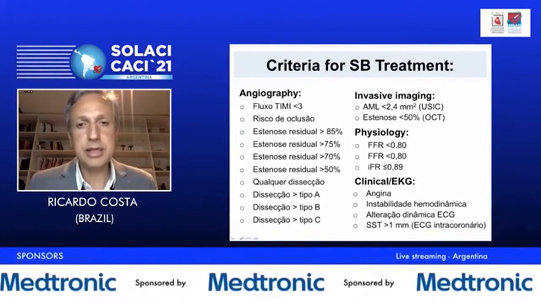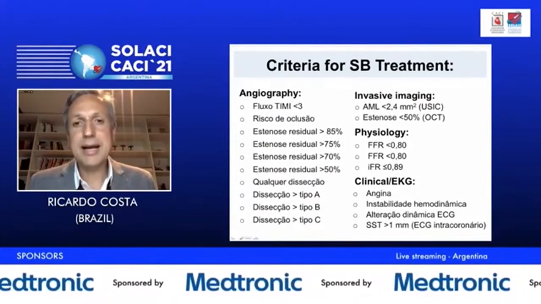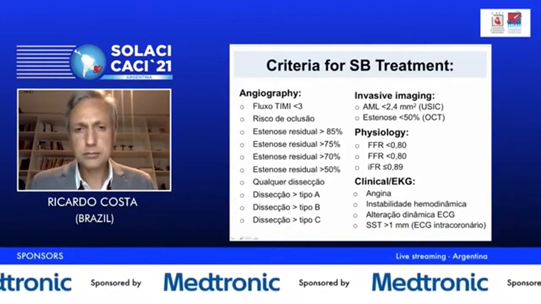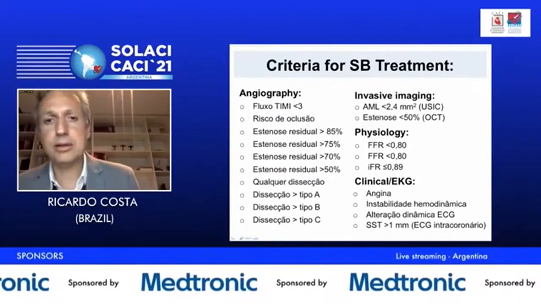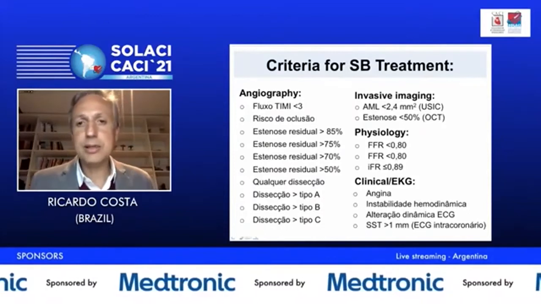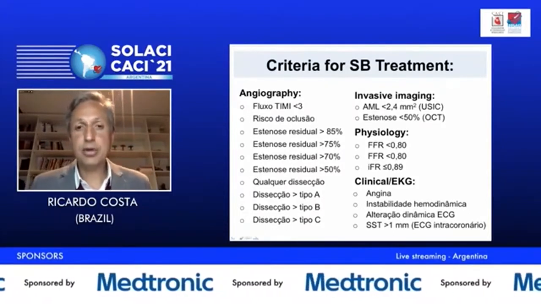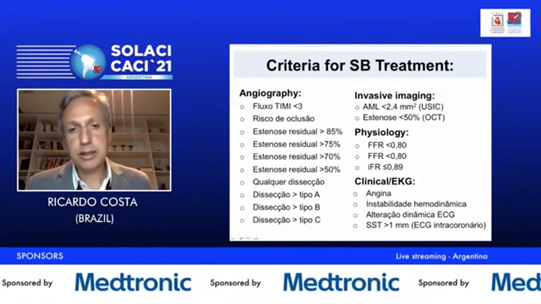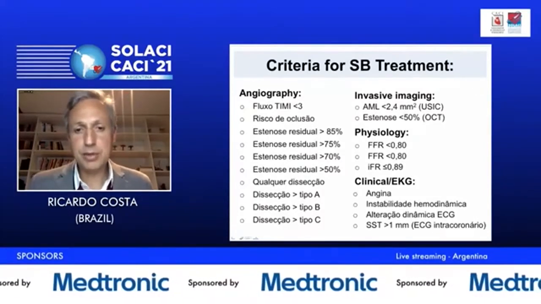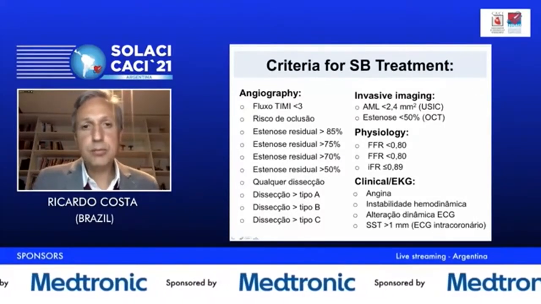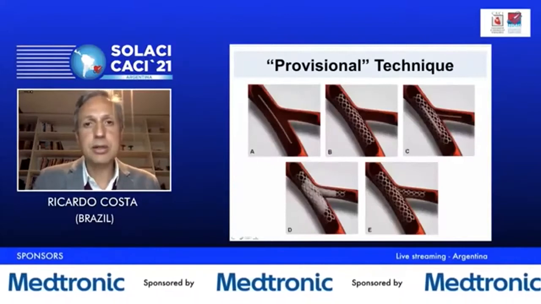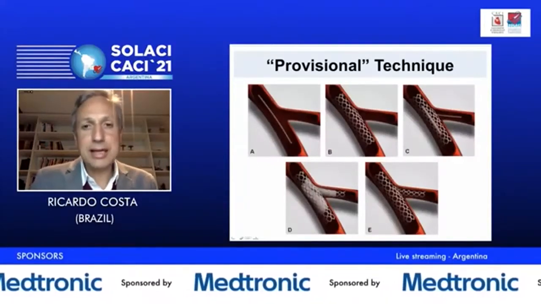Any dissection, type A, B, C, the use of invasive imaging such as ultrasound, or an area larger than 2.4 square millimeters. The physiology, FFR more than 0.80. There are many criteria that are being used.